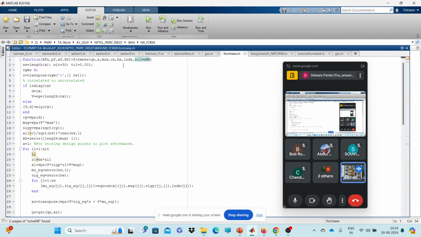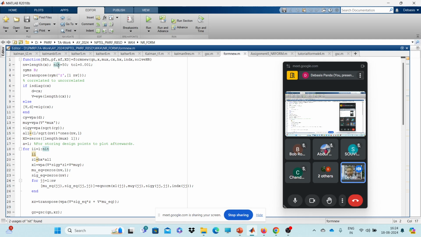Now this algorithm starts like that. You first need to define the number of random variables you have in your limit state. So the number of variables is the length of x, whatever x you are giving as input. Now the number of iterations, the maximum iteration up to which you want to go.